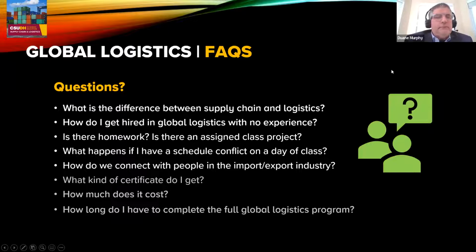Supply chain is different because it pertains to the entire supply chain, which would include procurement and sourcing the raw materials and that kind of thing. So they both have an overlap, but our course is specific to transportation and warehousing and distribution. Okay, great.